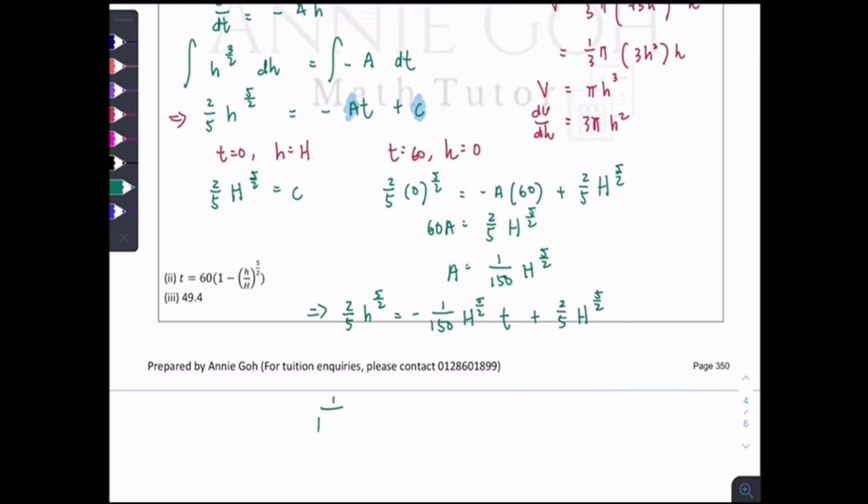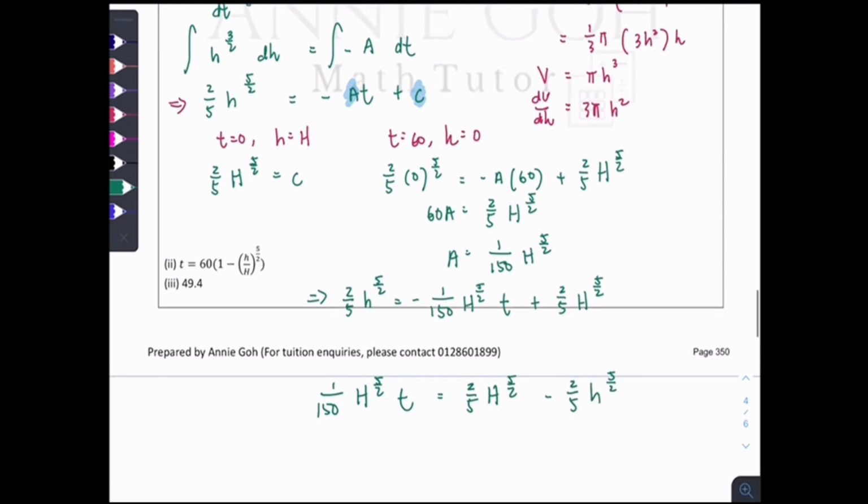So 1 over 150 h power 5 over 2 t will be equal to 2 over 5 h power 5 over 2 minus 2 over 5 h power 5 over 2. And then for every term, you just need to multiply it with 150 to get rid of the 1 over 150 here, and hence we will get this equals to 60.